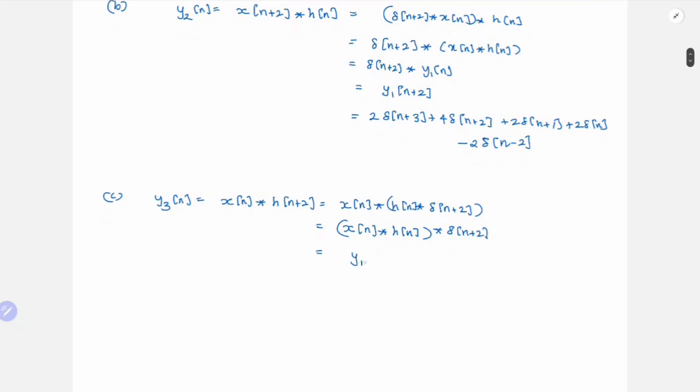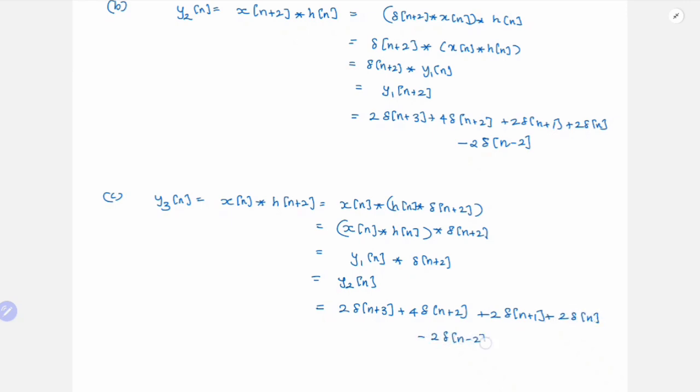And this is nothing but your y1 of n convolved with delta of n plus 2. And this is going to be equal to your y2 of n. So you can just copy it down: delta of n minus 2.